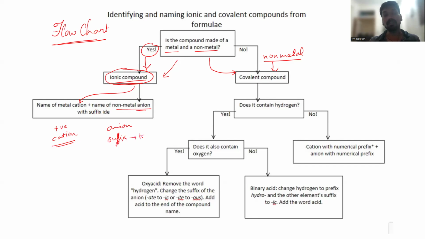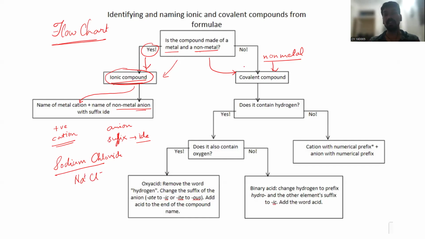What suffix do we use for the anion? IDE, like sodium chloride, an example of an ionic compound. We are going to cover the nomenclature of ionic compounds in more detail. Do you know the formula of sodium chloride? Yes, it is Na positive and Cl negative.